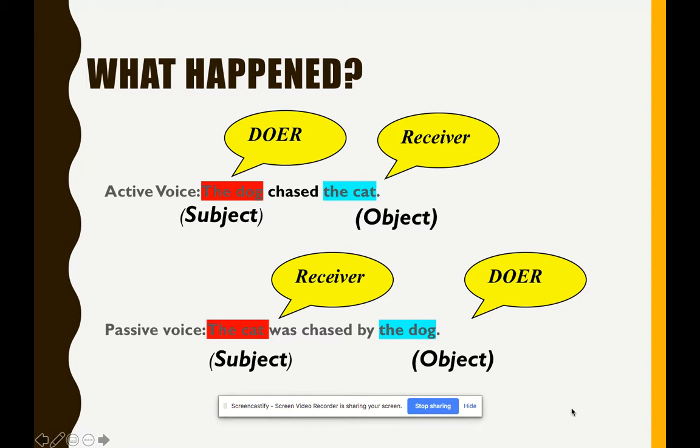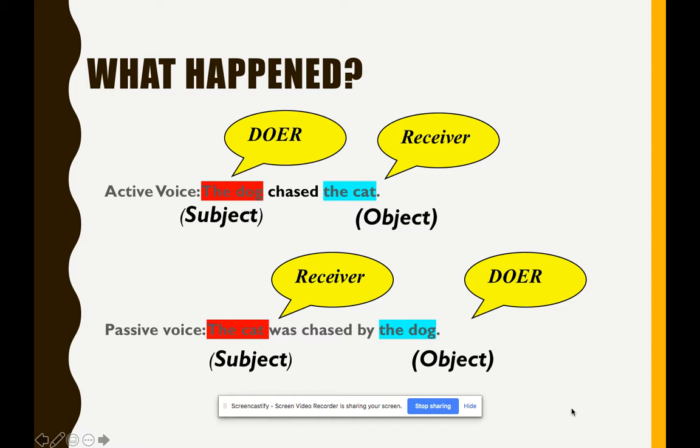Well, talking about passive voice, of course, you have to understand active because they are in a pair. So there's a pair of sentences here. So the active voice version will be the dog chased the cat, while the passive voice version will be the cat was chased by the dog. Okay, so you can see for active one, the subject is actually the doer of the action, someone who does the chasing.